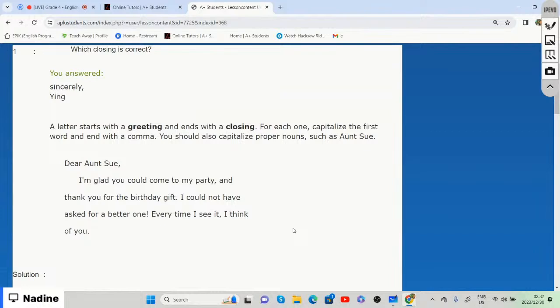But how you start and how you close is totally different. And remember, for both the greeting and the closing, we capitalize the first word and end with a comma.